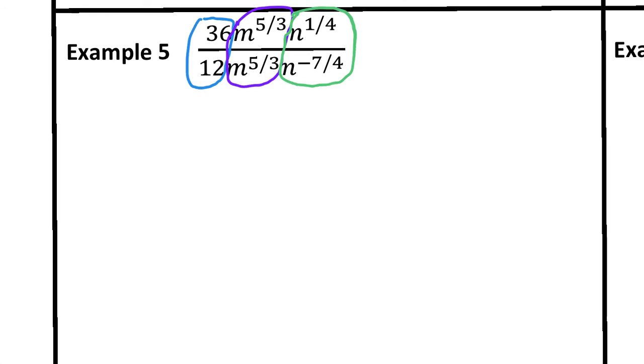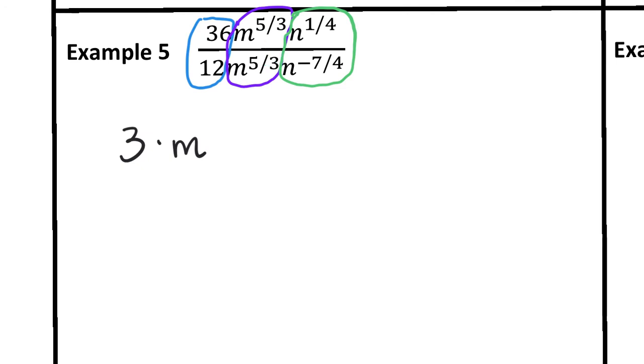So first off, what happens with the 36 and the 12? So 36 divided by 12 is 3. And then times m. The m's are dividing, so their exponents subtract.